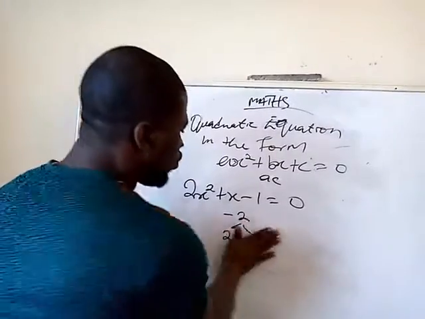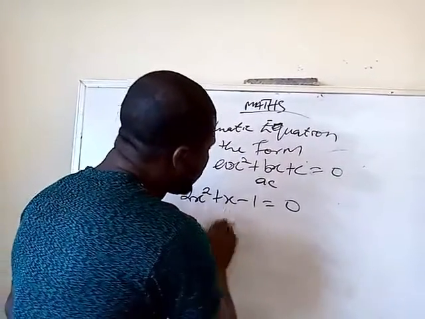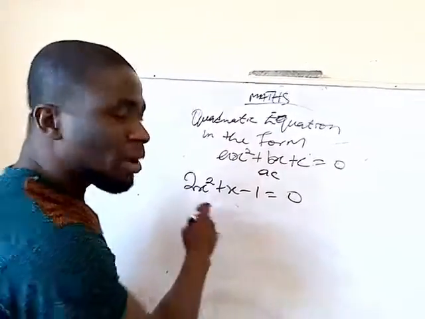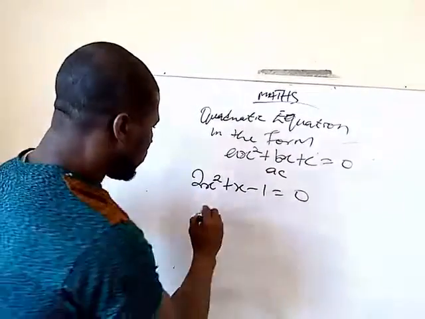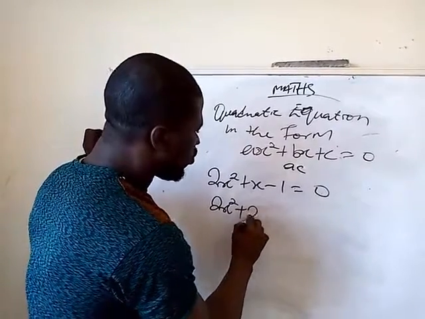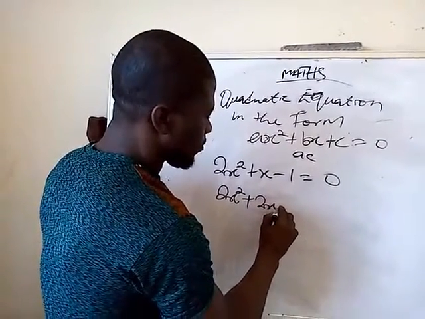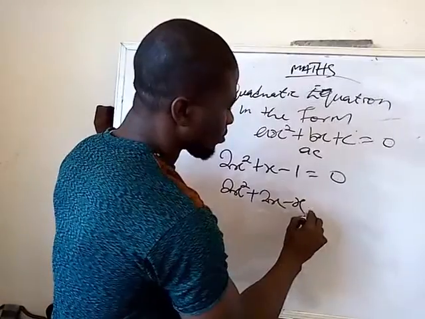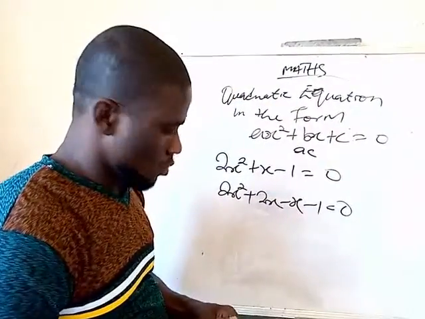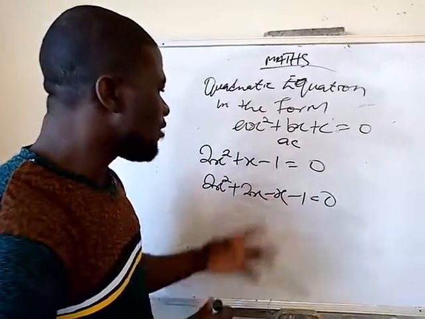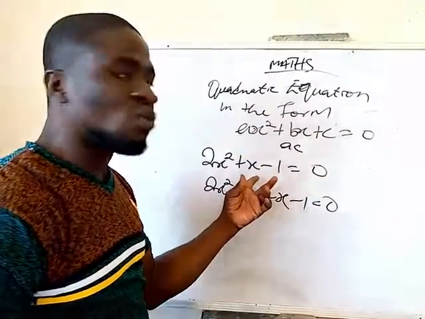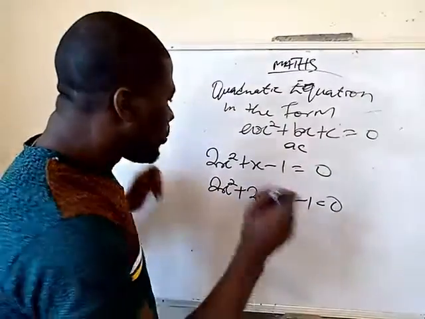Then you continue, you remove this x, that's plus 1, and put the two numbers we have gotten. So you have 2x squared plus 2x minus x minus 1 equal to 0. With this now, we have removed plus x or plus 1. Then you put them in brackets.